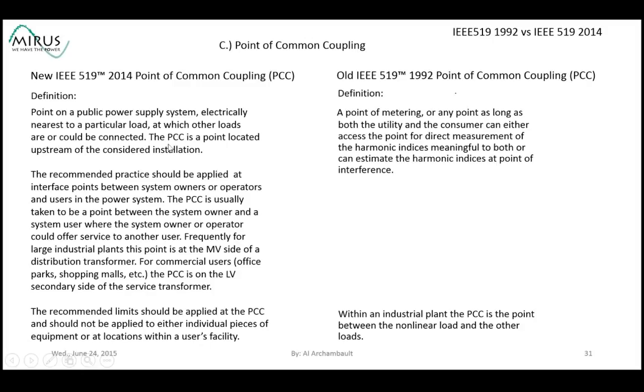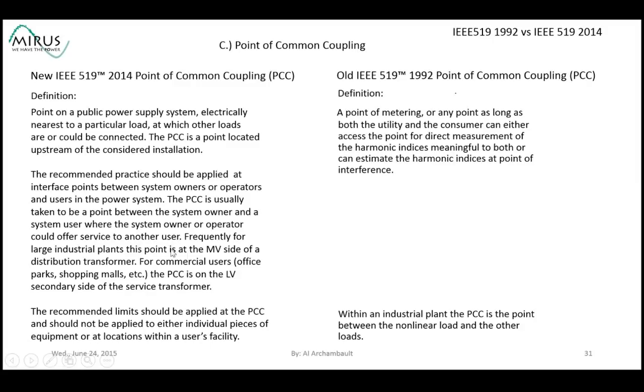The PCC is a point located upstream of the considered installation. The recommended practice should be applied at interference points between system owners or operators and users in the power system. The PCC is usually taken to be a point between the system owner and a system user where the system owner or operator can offer service to another user.